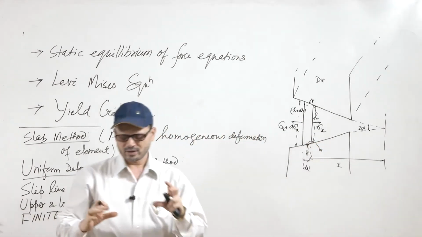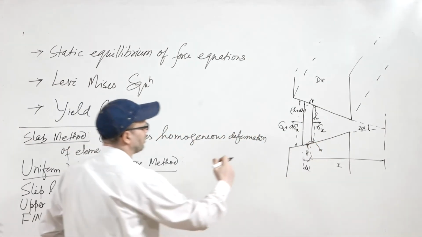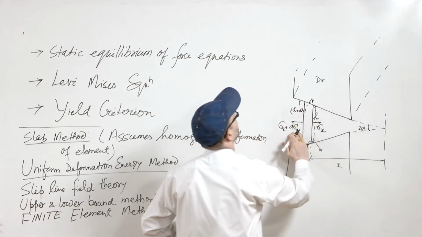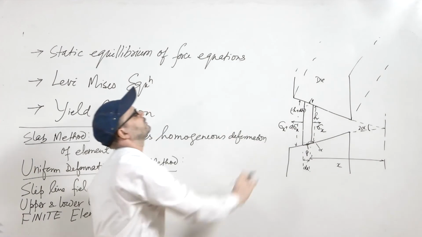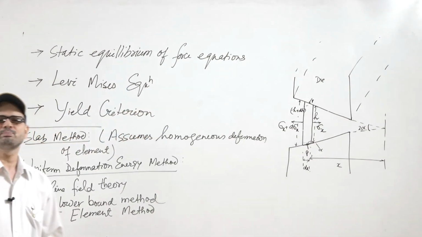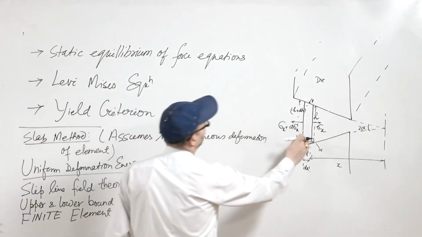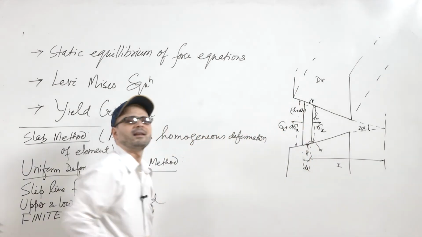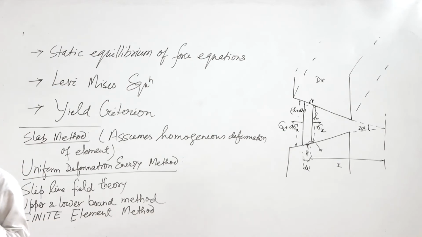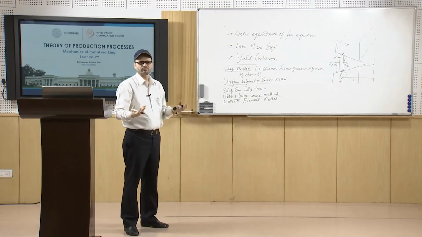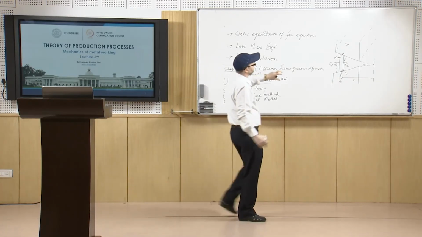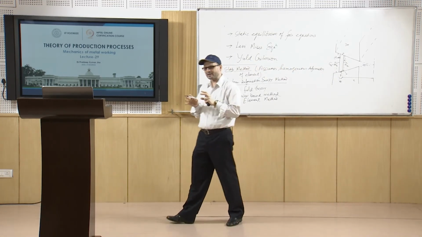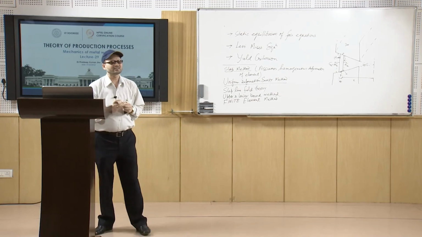So you will have sigma x plus d sigma x into h plus dh, plus 2P into dx by cos alpha into sin alpha, and that will be equated to 0, because these are all the forces in the x direction. This way you will apply the forces in the x direction.